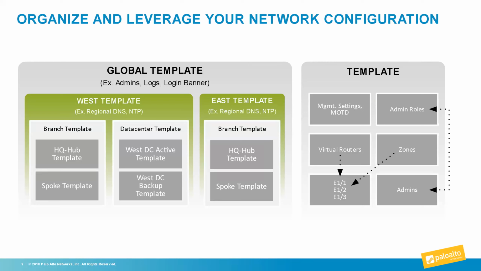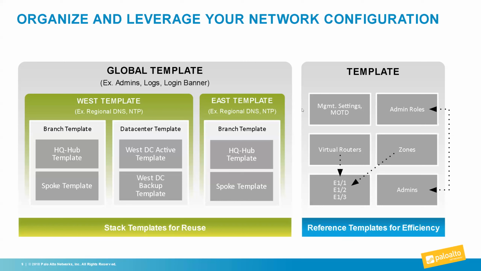What I mean by that is you can have a network configuration template that has all of the network interfaces and virtual router configuration configured leveraging something called variables. And because we use variables, we're obfuscating the actual data from the template and variabilizing it, allowing us to then take that data and apply it at another location.